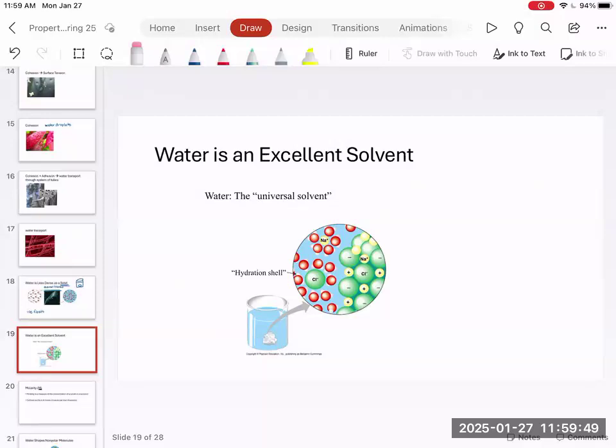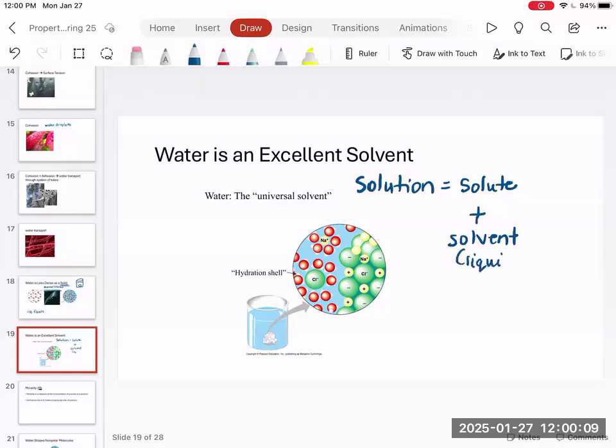Well, in chemistry, a solution is made up of a solute plus a solvent. The solvent is the liquid part of that solution, and the solute is what's dissolved in the liquid.